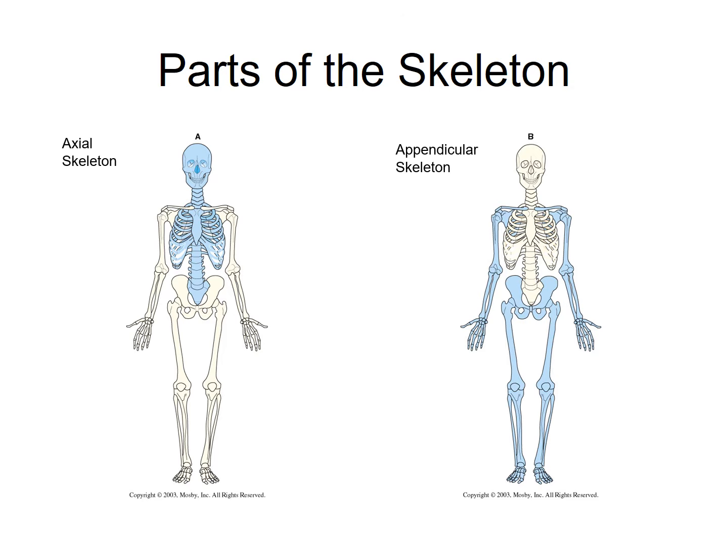You also have the hip bones on each side, the femur on each side, the kneecap, which is called the patella, the tibia and the fibula on each side, and then the tarsals, the metatarsals, and the phalanges. So, axial skeleton and appendicular skeleton.